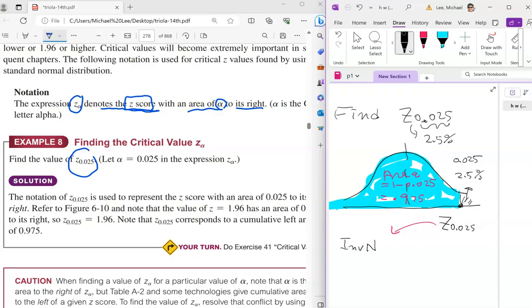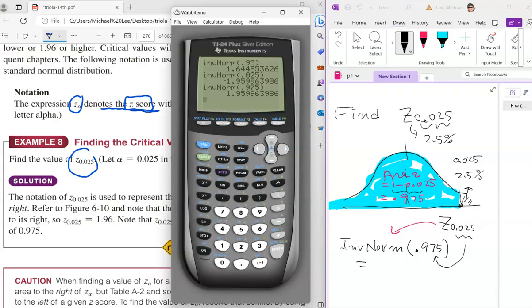So to find this, you have to put what? Inverse norm 0.975. So not 0.025, you have to change to 0.975, okay, by subtracting 1 minus 0.025. So I'm going to clear everything.